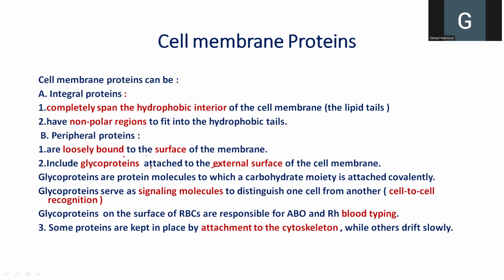And therefore, these integral proteins, though being mainly hydrophilic, will have to manage passing through the hydrophobic interior of the cell membrane. What is hydrophobic inside the cell membrane? Yes, the lipid tails, because they are made of lipids.